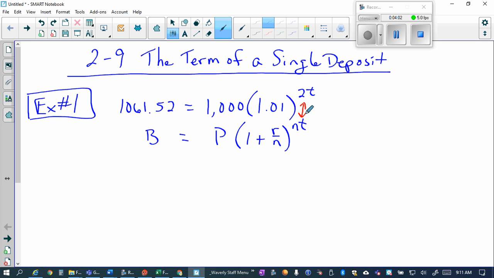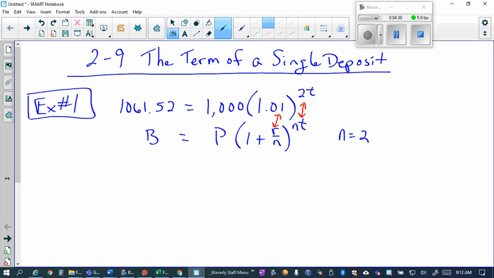If we know that N equals 2, we know R over N here. What does R over N equal in that example? I just drew an arrow to it.